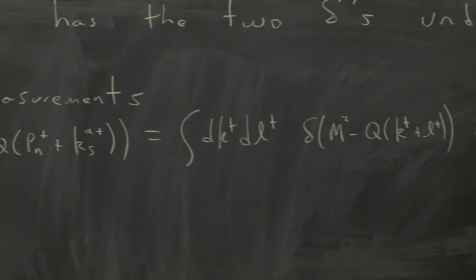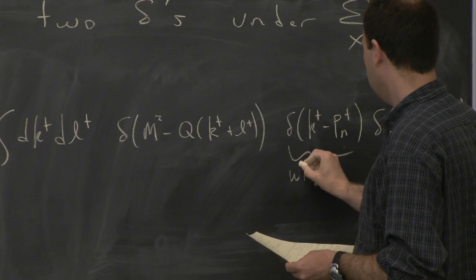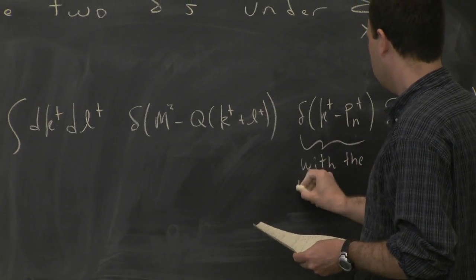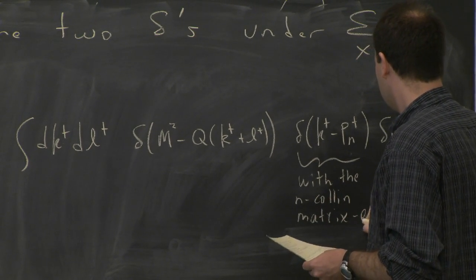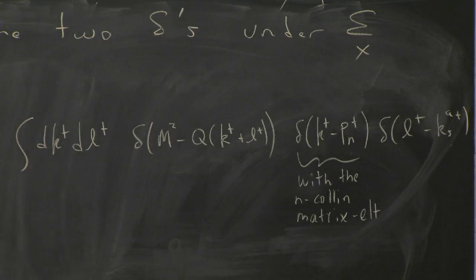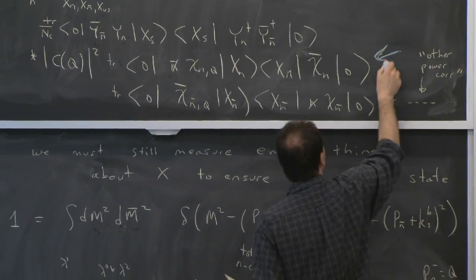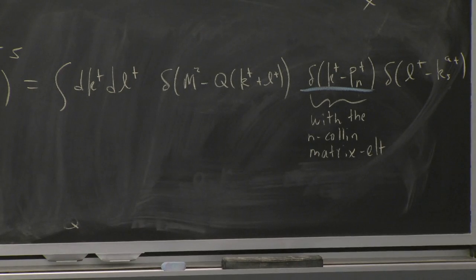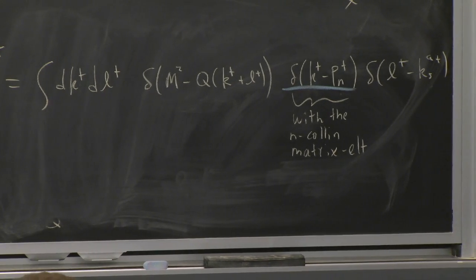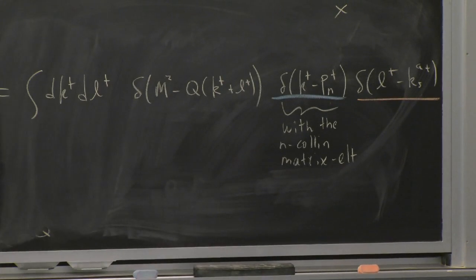Whereas Pn plus and KSA plus were momenta of particles in the state. So this guy can then associate with, put them together with the n-collinear matrix element. Right, which is this guy here. Forget what color he was. And then for the ultrasoft, we can associate this delta function. So that's what I mean by factoring the measurement, that we can put the piece that depended on the state together.